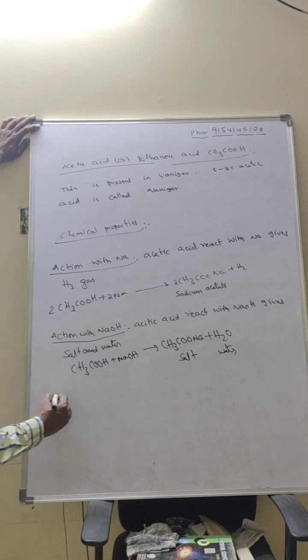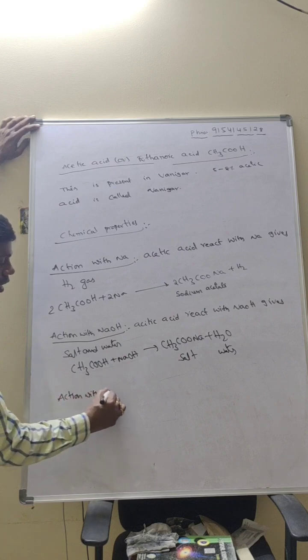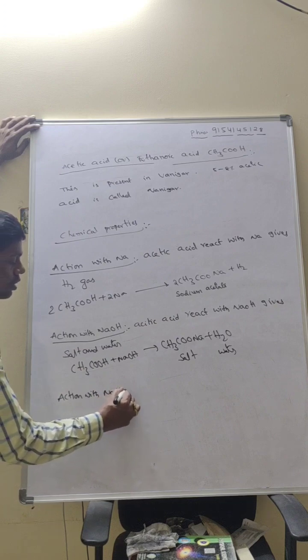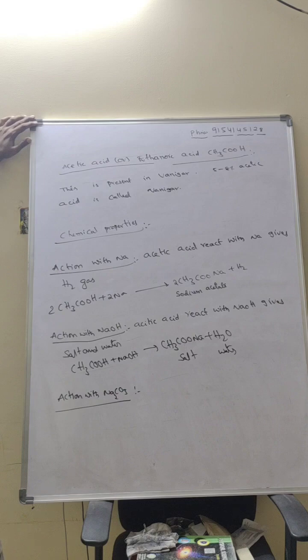Reaction with Na2CO3. Acids react with carbonates or metal hydrogen carbonates. They produce carbon dioxide gas.